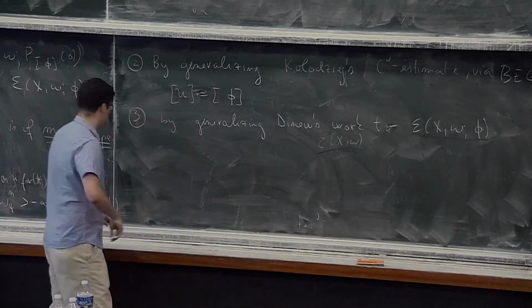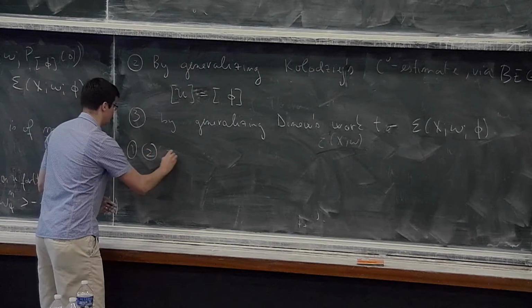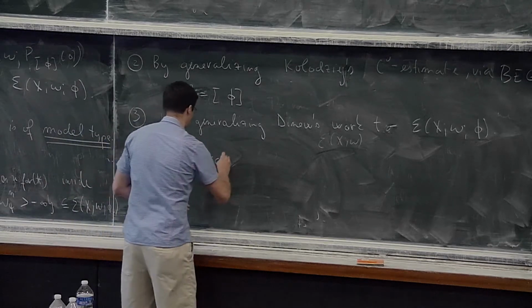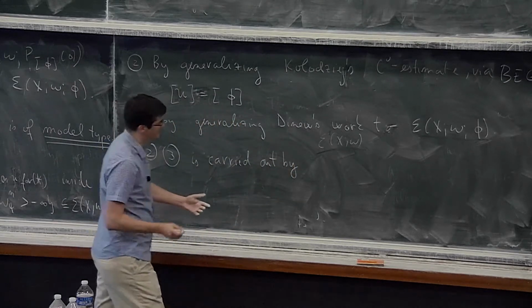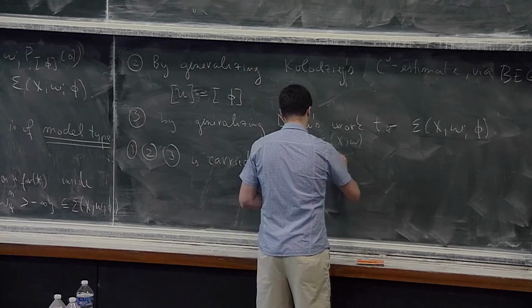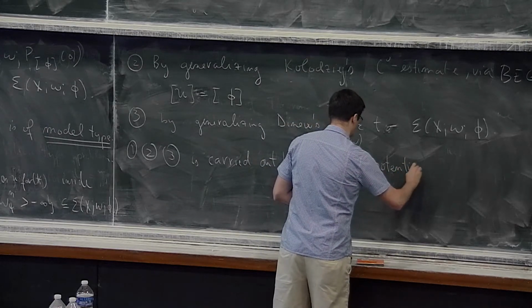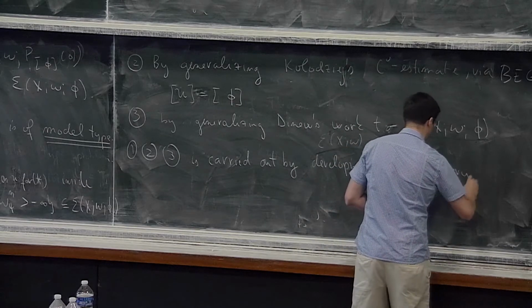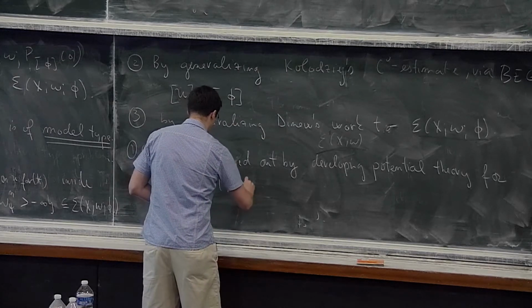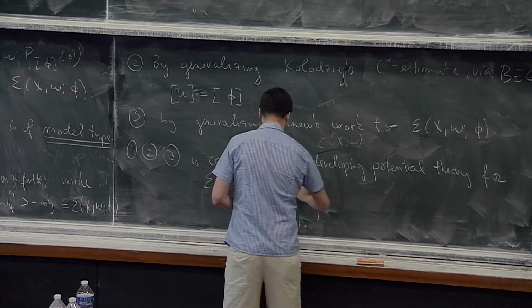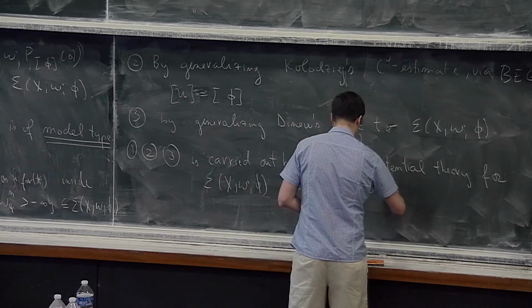Let me just remark. So 1, 2, 3 is carried out by developing potential theory for E(X, omega, phi) and also E1(X, omega, phi).